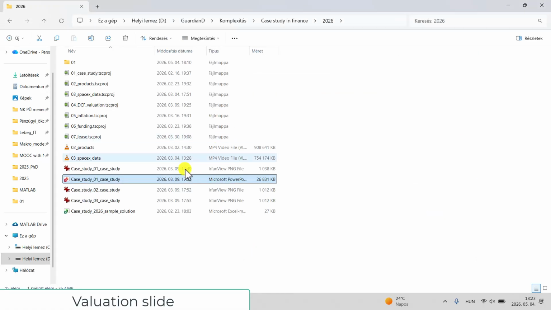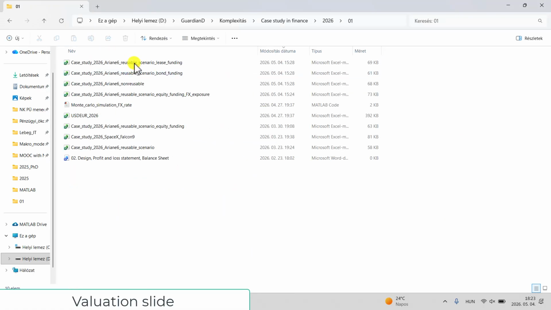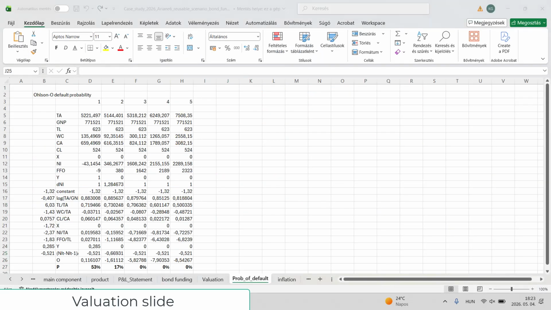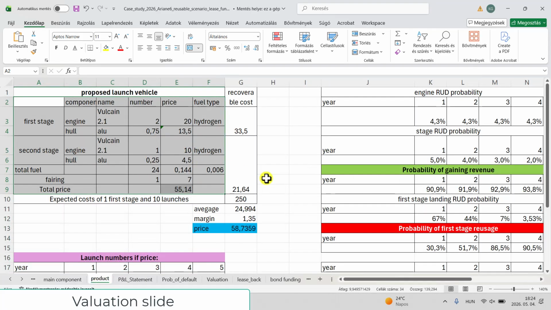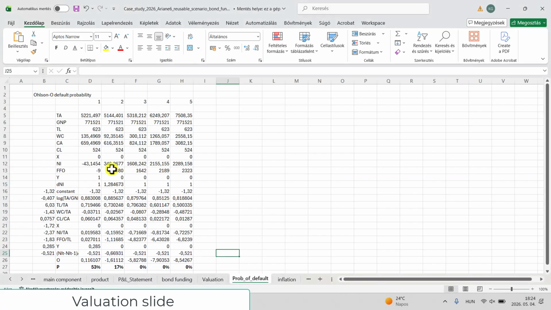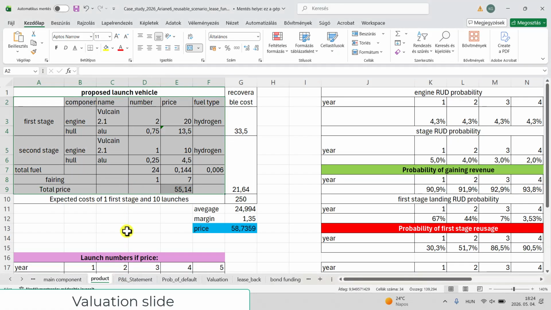Unfortunately we have to go back, bond funding and lease funding must be opened, and then we have to do the same thing. We have to go to product in both.